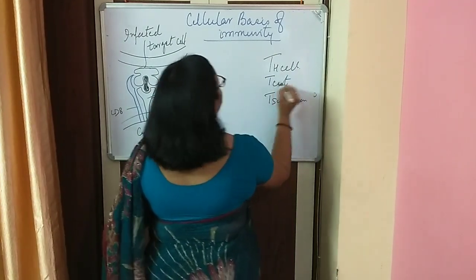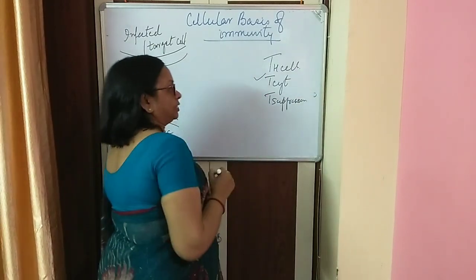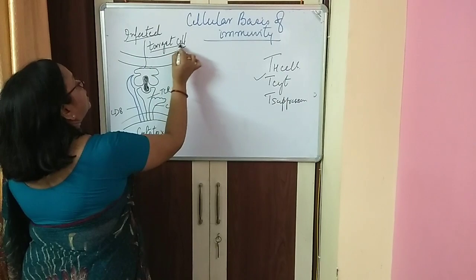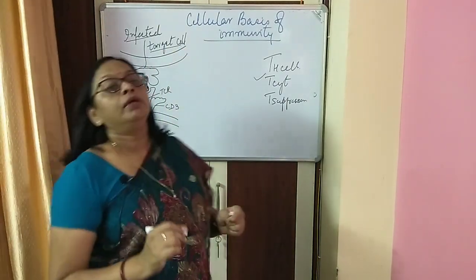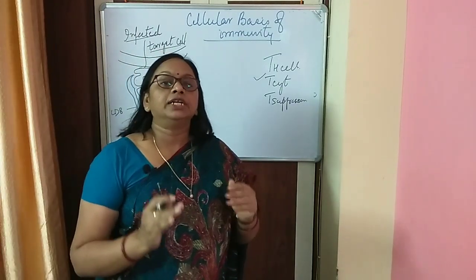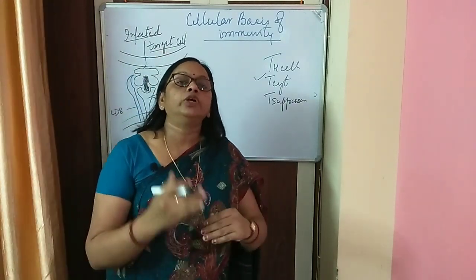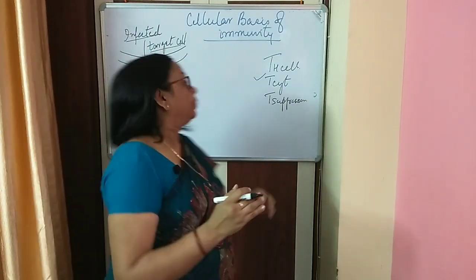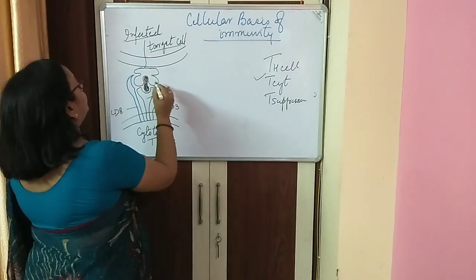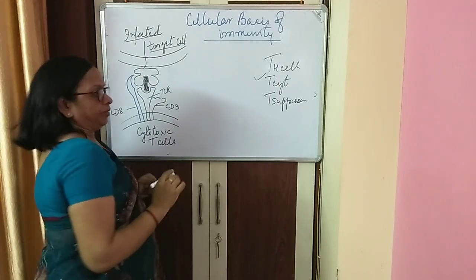Here I am talking about T cytotoxic first, because in this diagram you can see the infected target cell, the cell which has to be removed. It is infected and the body, or the particular tissue, doesn't want to retain it. So this target cell will have a receptor.